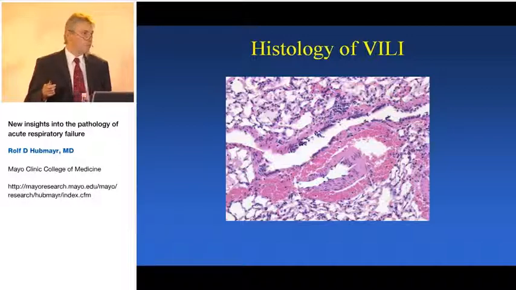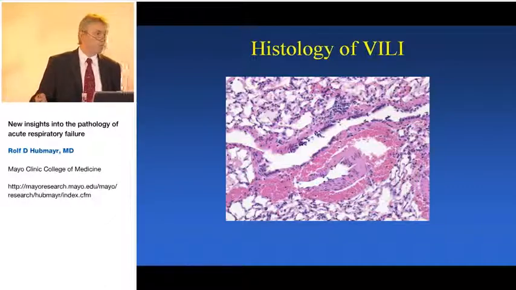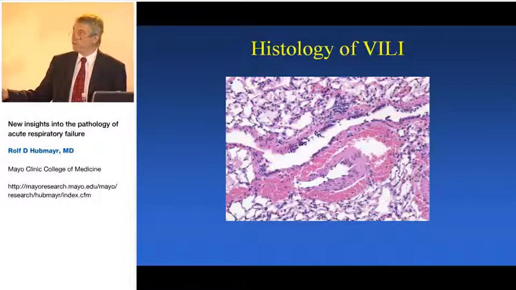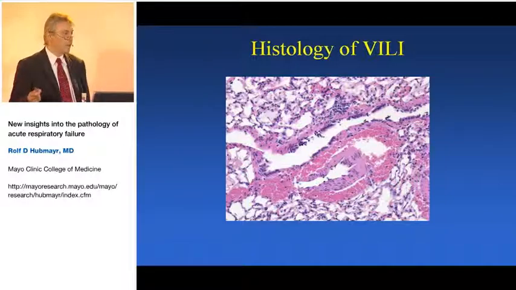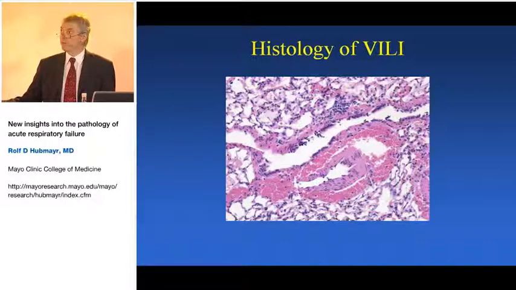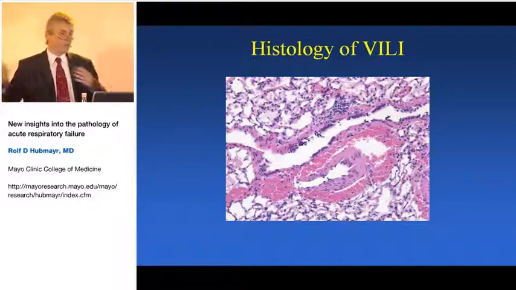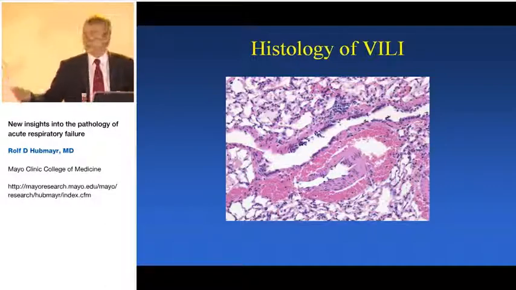But I've sort of changed my mind because there's a lot of evidence from a lot of different models, including the perfused preparation that we've been working with, that it is not that hard to find a lot of epithelial sloughing and damage in small airways. It simply happens. Now, I can't tell you whether this was because these airways rubbed on each other or because there was fluid. All I know is this is a grossly edematous preparation.